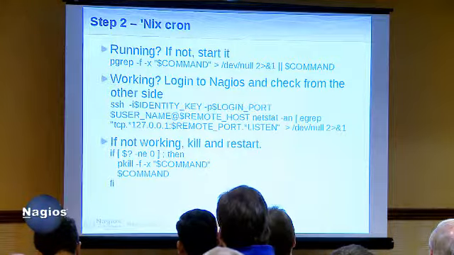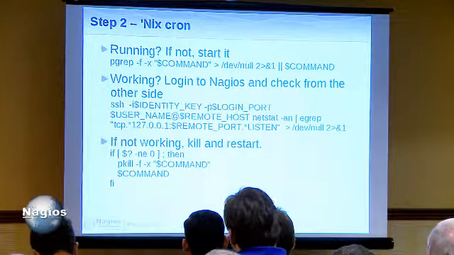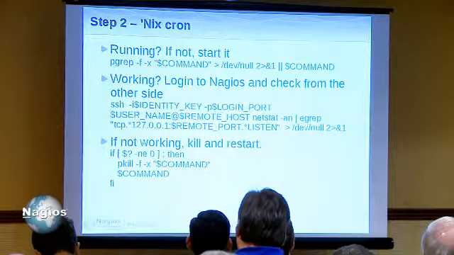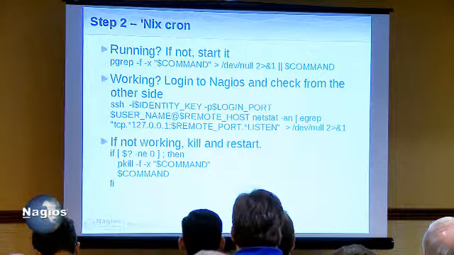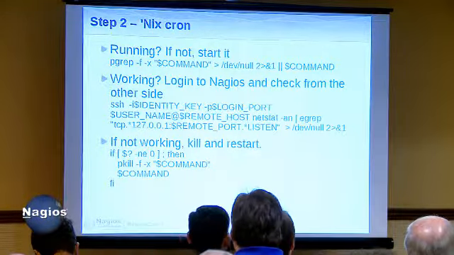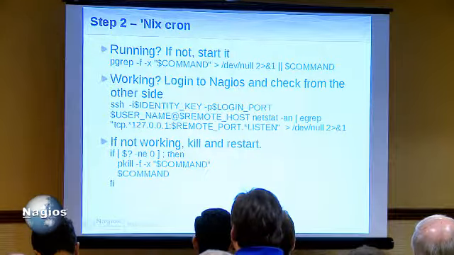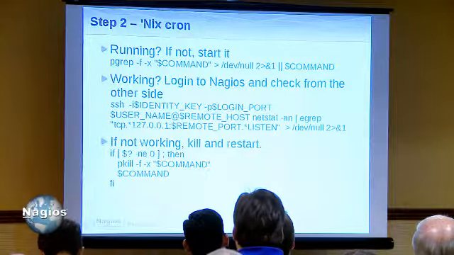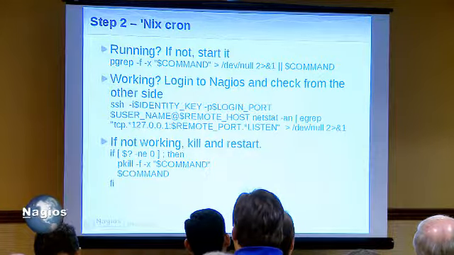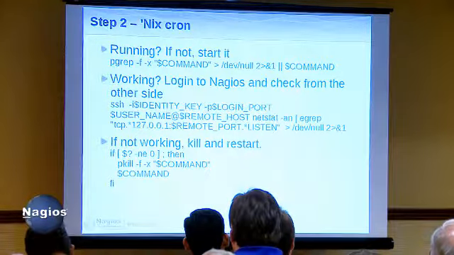If it is there, we log in to the Nagios box, and we try to connect back to your box. If we can log into the Nagios box and connect back to our box, it's working. If it's not working, we kill what's there and restart it. The cron job is a simple way to manage a process. Again, you run every hour, every 5 minutes, and whatever you think you need for your remote environment.